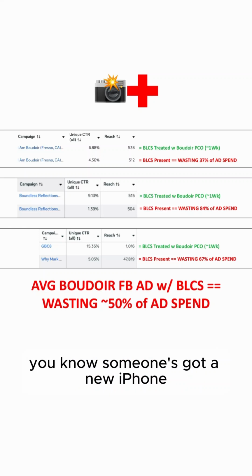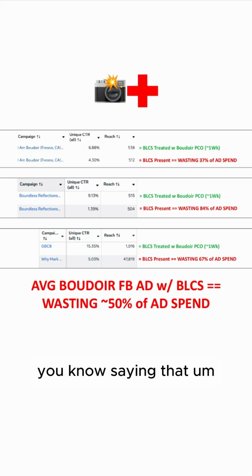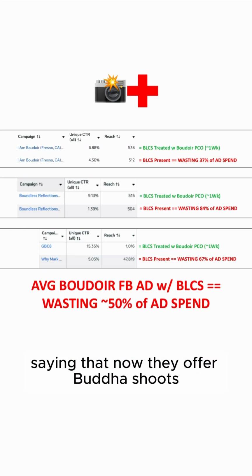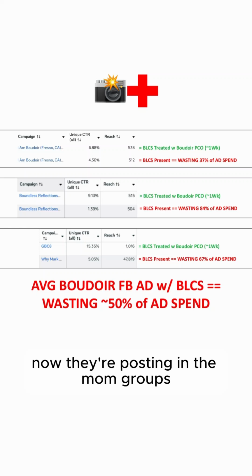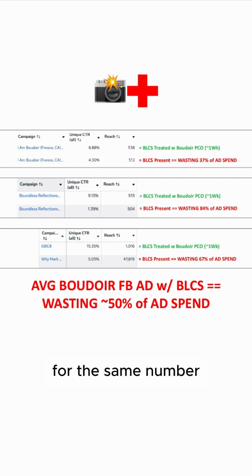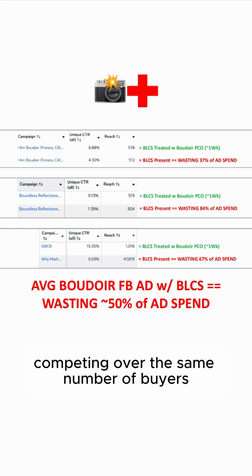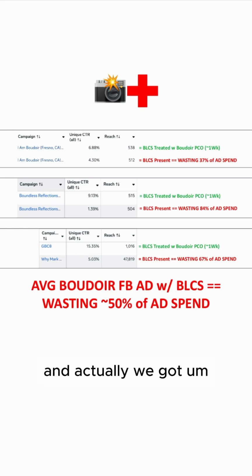Someone's got a new iPhone, they're throwing up a Google My Business profile, saying that now they offer boudoir shoots, or someone gets a new camera, now they're posting in the mom groups that now they offer boudoir photo shoots. So it's just more and more boudoir photographers over time, competing over the same number of buyers, harder to stand out, harder to differentiate.